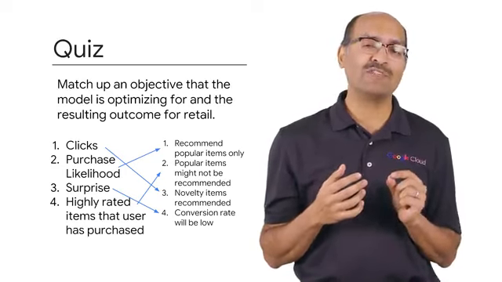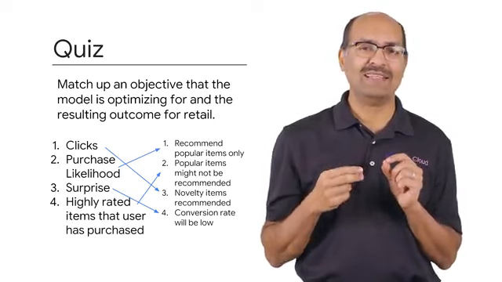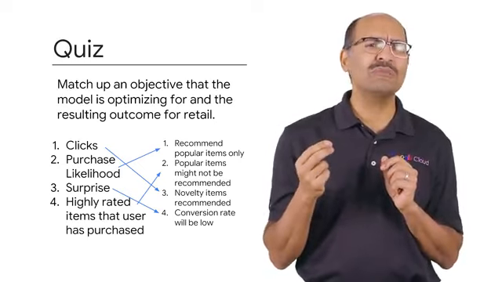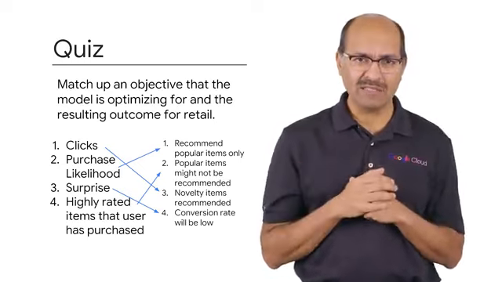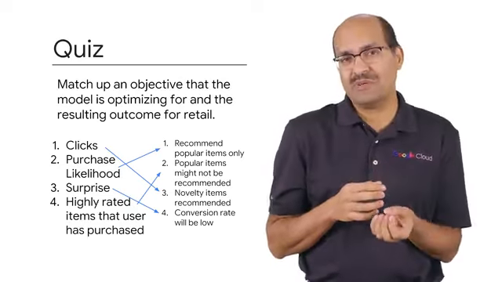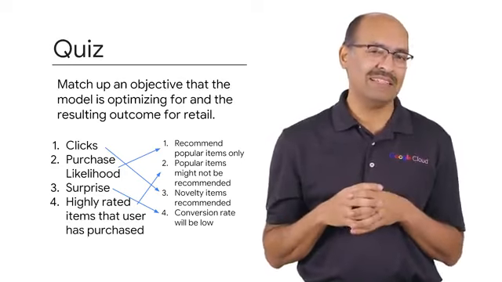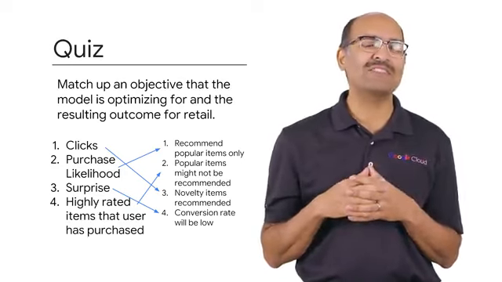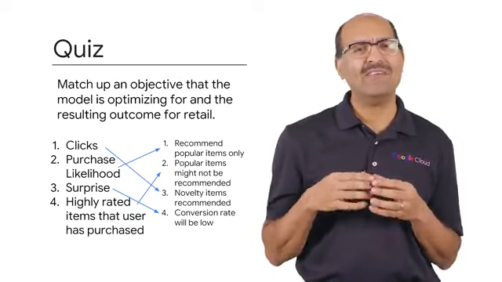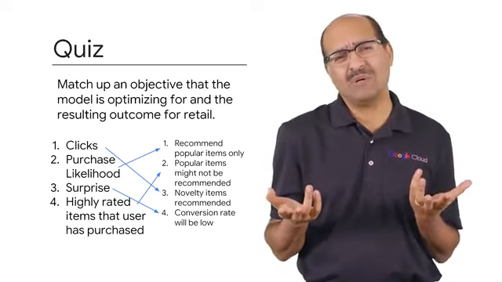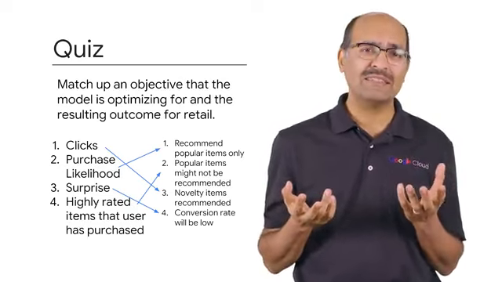If you optimize for surprise, that is, items that the user might not have otherwise bought, your conversion rate might be too low. They will like it if they buy it, but not everyone likes trying new things. And if your conversion rate is low, then what's the point?